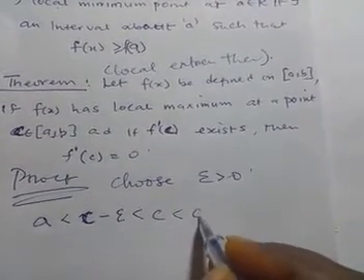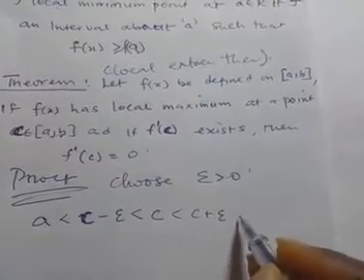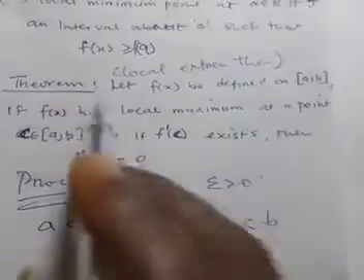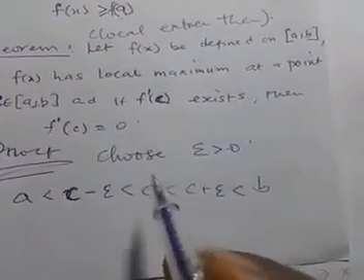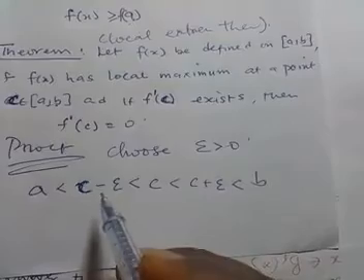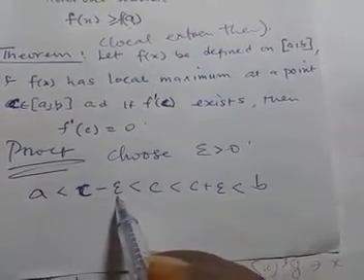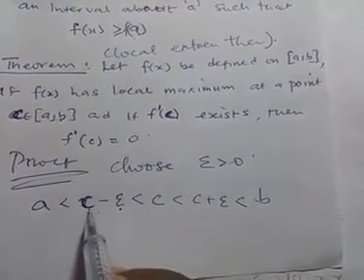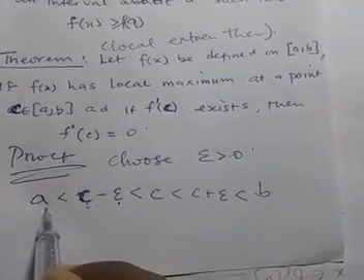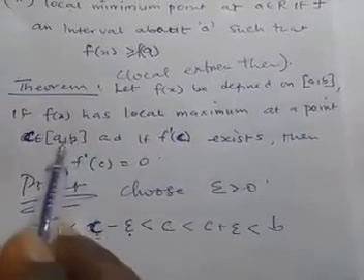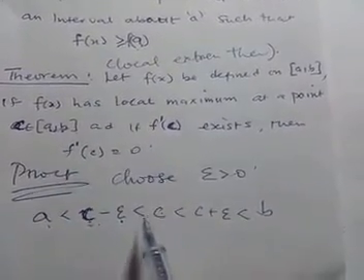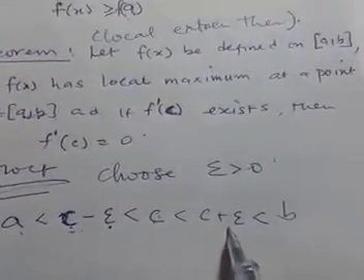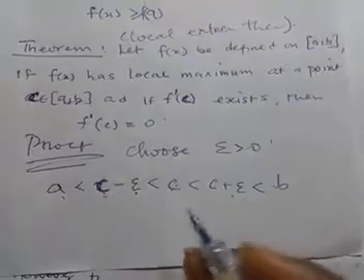This will be less than c plus epsilon, and everything together will be less than b. So what we are saying is that if you remove epsilon from c, this will still be less than c, because c is in between a and b. Also, c will be less than c plus epsilon because we have added something to it.